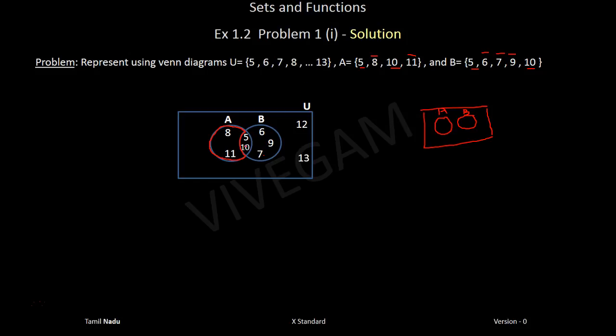No. 13 is here? It's not here. So 12 and 13 we need to put outside of these two circles, but inside the rectangle, because the rectangle represents the universal set. So all the elements of the universal set will remain in the rectangle.